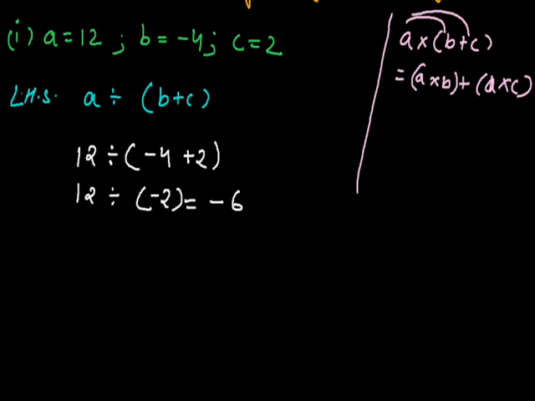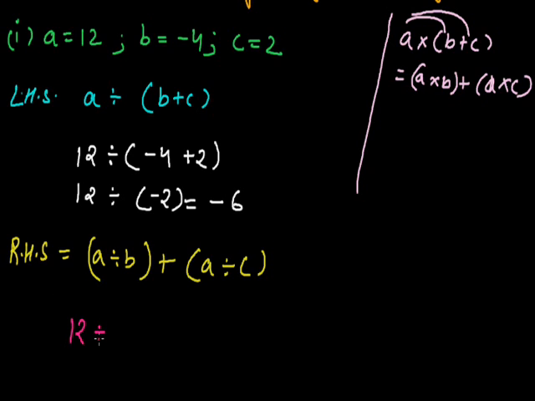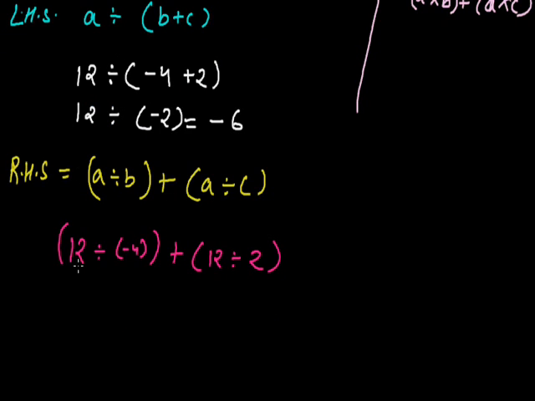Now if you take the right hand side, which is A divided by B plus A divided by C, we will again substitute the values. 12 divided by minus 4 plus 12 divided by 2. Now if we simplify this, 12 divided by minus 4 will give you minus 3, plus 12 divided by 2 will give you 6. Now minus 3 plus 6 is plus 3.